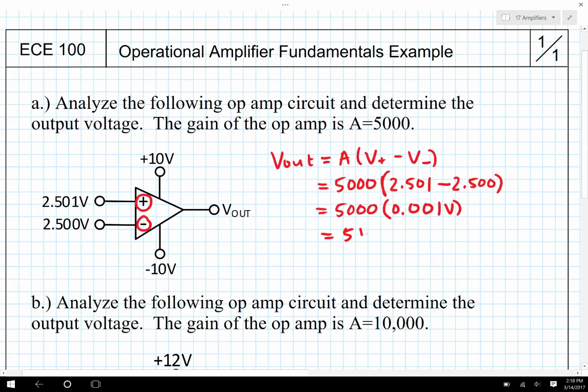And therefore this is 5 volts. So the output of that op amp would be 5 volts given the configuration we have here. Let's just double check. We know that that voltage cannot be higher than the positive supply, nor can it be lower than the negative supply. 5 is less than 10, and it is greater than negative 10, so this is fine.